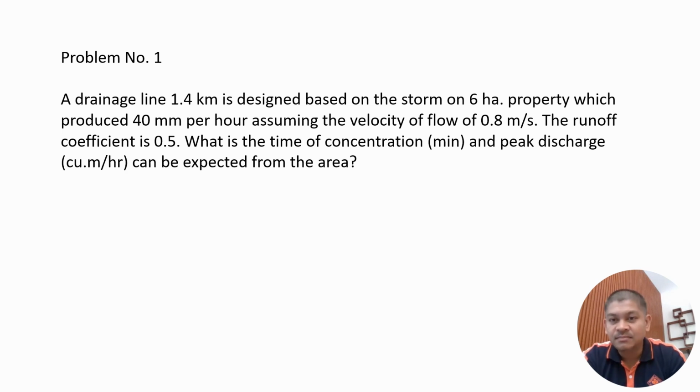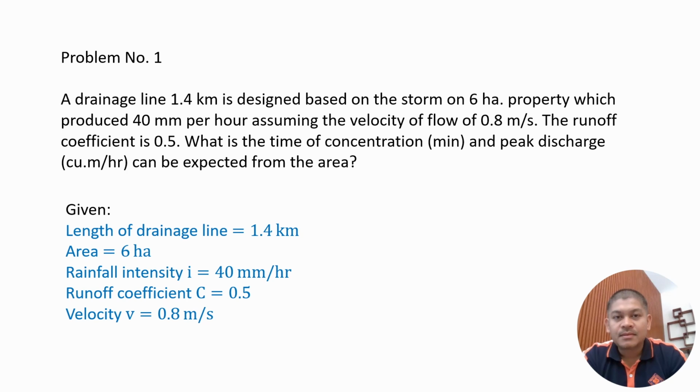So in this problem, we are given the drainage line length, the rainfall intensity, the runoff coefficient, and flow velocity. So we will calculate the time of concentration and the peak discharge from the drainage area. So these are the given values needed for the solution. We have length of drainage line, that's 1.4 kilometers. Area, we have 6 hectares.